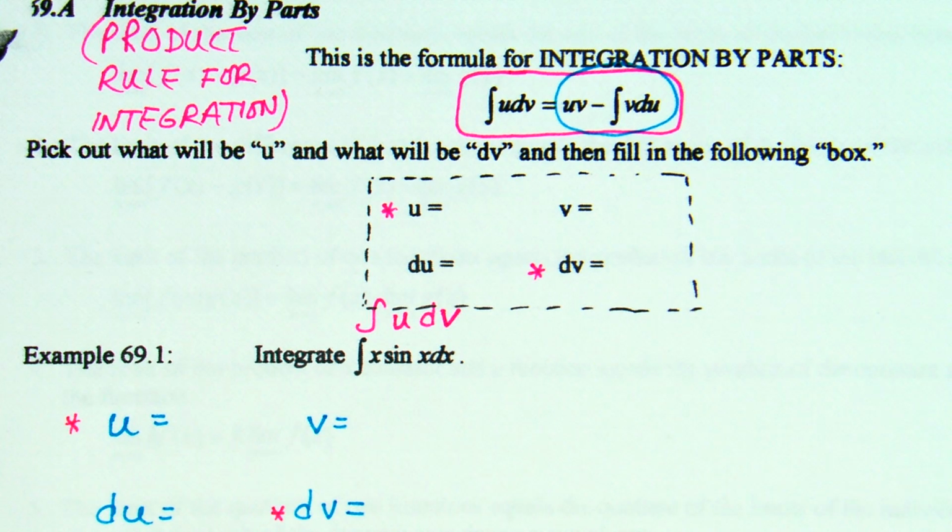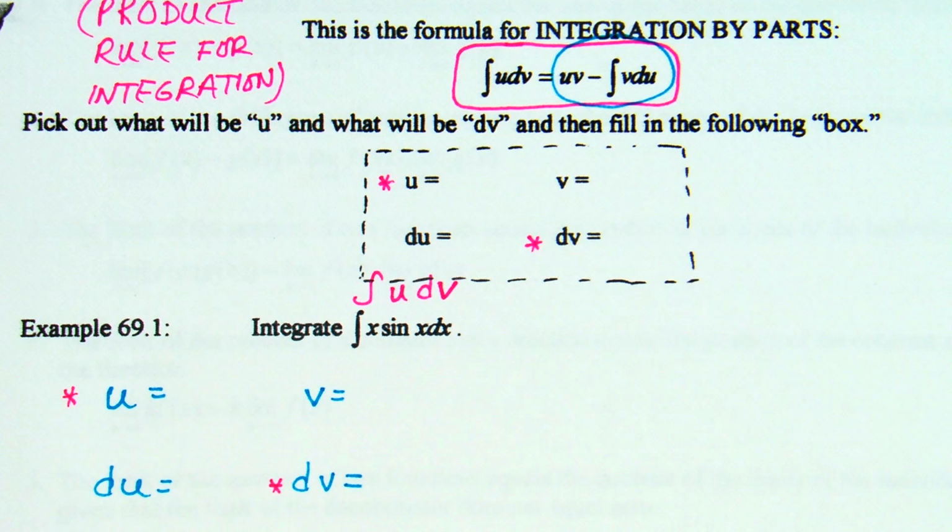Well, if you think about sine x, what do you know when you do the derivative or the integral of sine x? It's either way, it's going to end up being cosine x, right? It's just going to be a matter of whether it's positive or negative. So that one, we could do derivative or integral of that pretty easily.